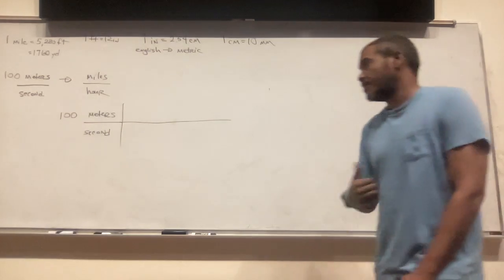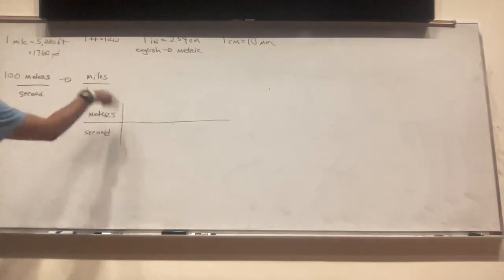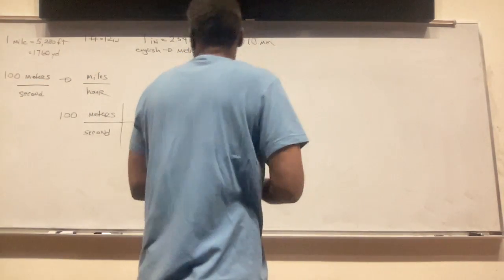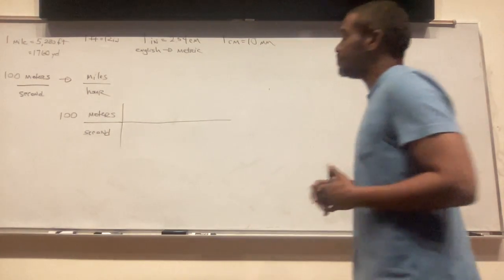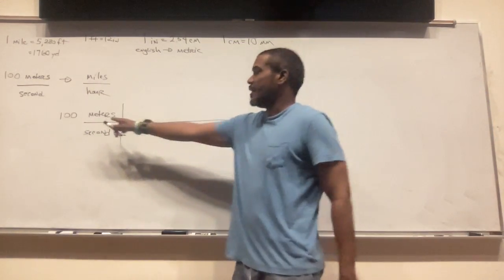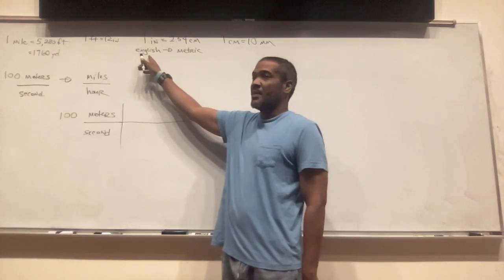The English system. All right? So let's deal with the top part first, 100 meters. And I know in order for me to go from the metric system to the English system, I need to get here.